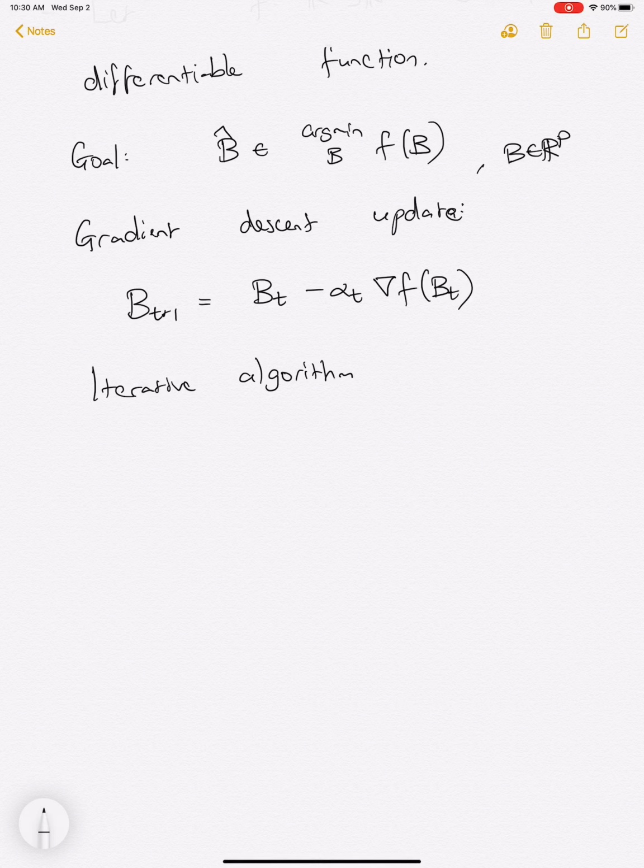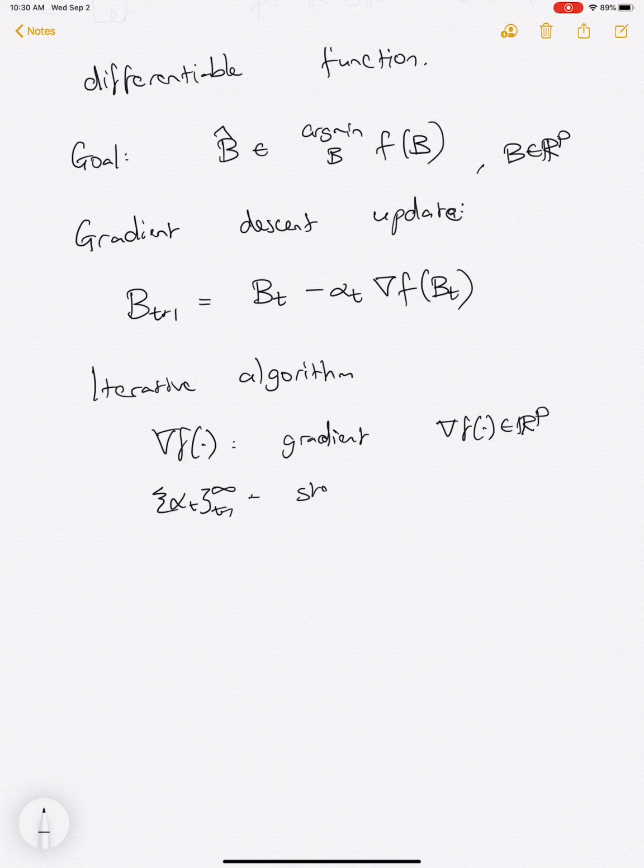Here we have the gradient, and you know the gradient is in R^p. Because f is a function of p variables, the gradient is a p-dimensional vector. Alpha_t, for t equals 1 to infinity, are the step sizes.